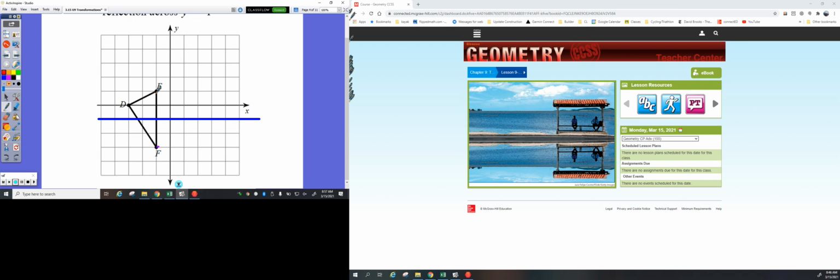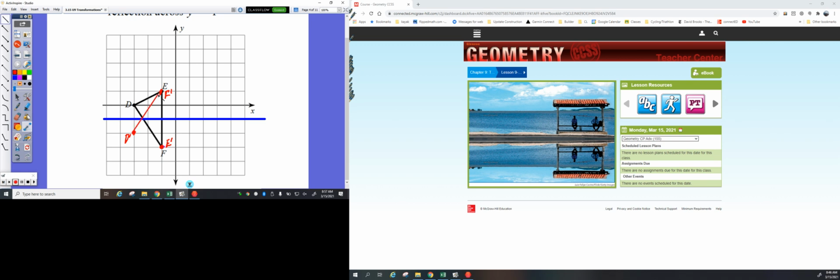If E is 1 away from the line of reflection, then E prime is now over here. So this is E prime. If F is 2 away, F prime, 2 away. And sometimes they can share the same point. D is 1 away, so D prime is 1 away. All right, and then at that point, all you do is just connect your lines together. And that's all we have to do.